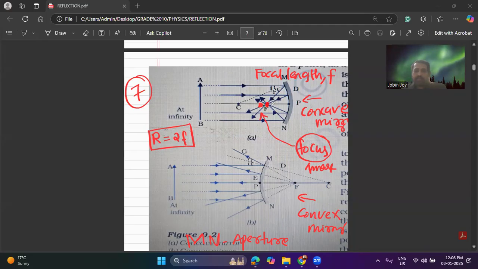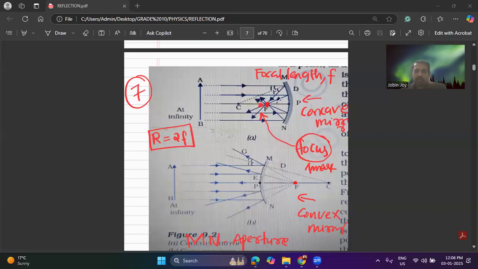For example, in the case of a concave mirror where the object is at infinity, you will get the image here, at the focus. Then in the case of a convex mirror, if the object is at infinity, we will get the image behind the mirror. This is the point where both the incident ray and reflected ray intersect, so we get the image here, behind the mirror. That's why this image is called a virtual image.